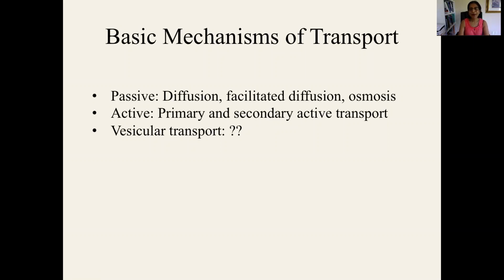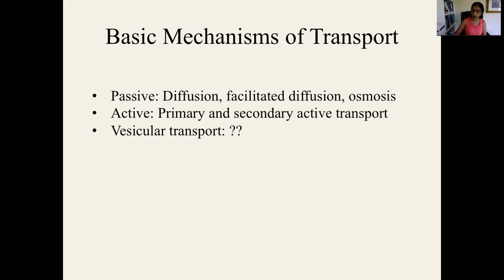Now we will talk about the semi-permeable membrane, or selectively permeable membrane, because the cell membrane chooses what should be transported and what should not be transported. How it does that is going to be something we will focus on in this lecture.